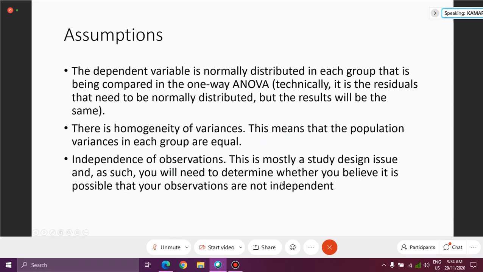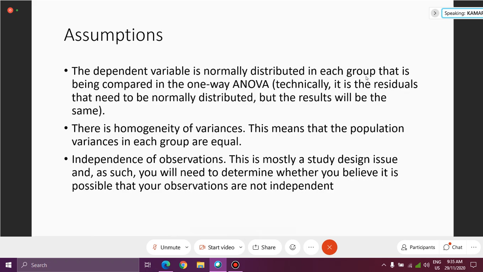All statistical tests have assumptions. The first assumption is that the dependent variable, for example body mass index, must be normally distributed in each group.